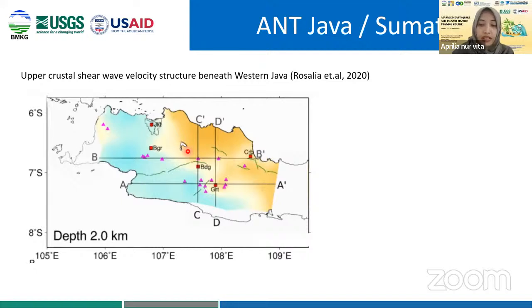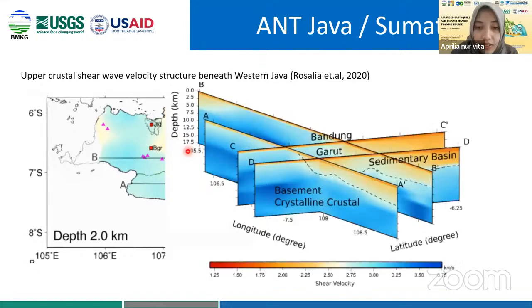This is the vertical cross-section of this image. We can see here that Bandung and Garut are located in a sedimentary basin that has a sediment thickness of maybe up to 7 and 10 kilometers.